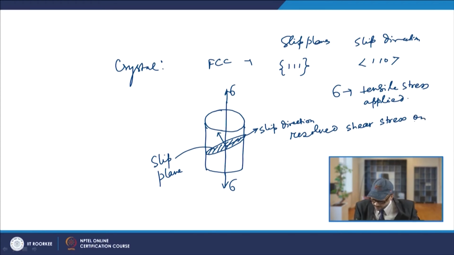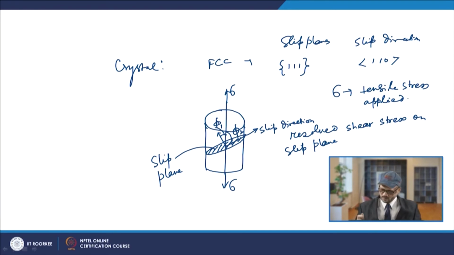As we know, this is the slip plane and its normal is making angle phi 1 with the tensile axis, and this angle is phi 2. So, phi 1 is the angle this normal makes with the tensile axis, and phi 2 is with the stress axis, in that case.